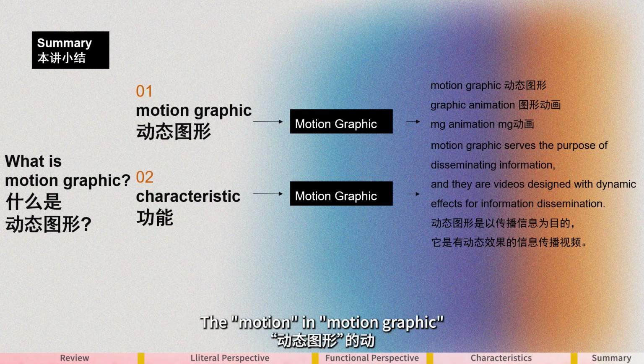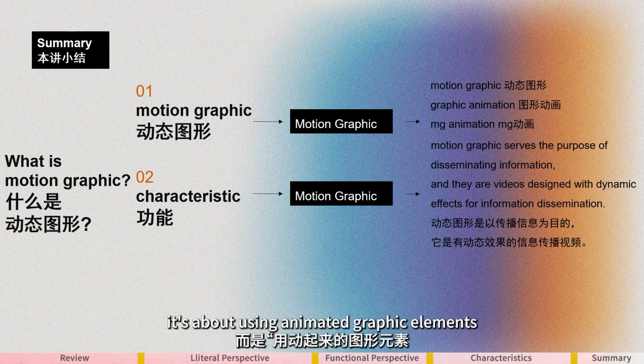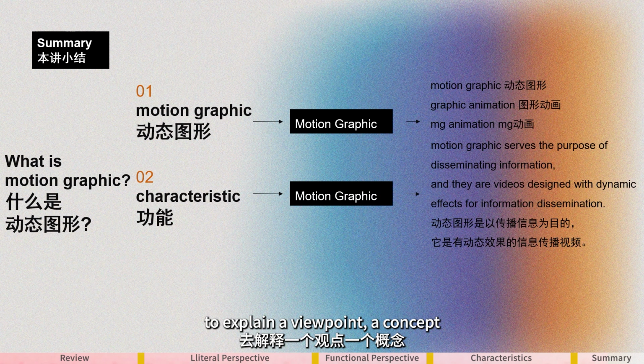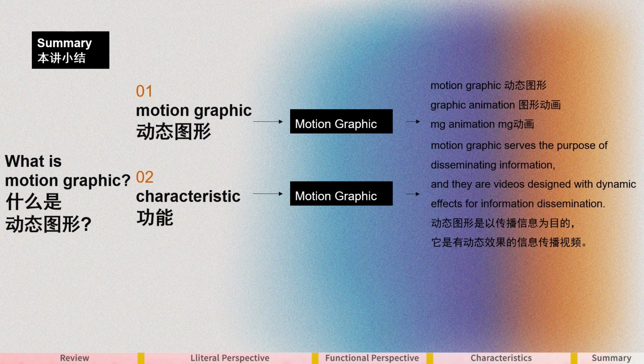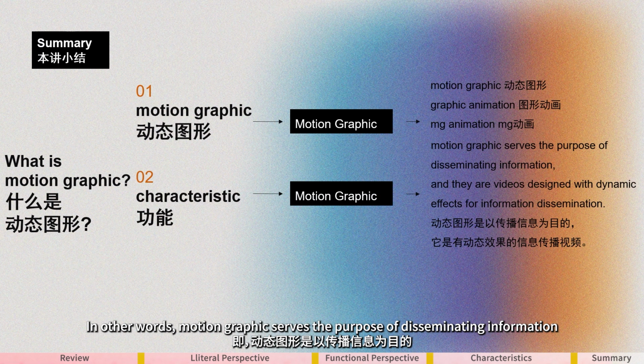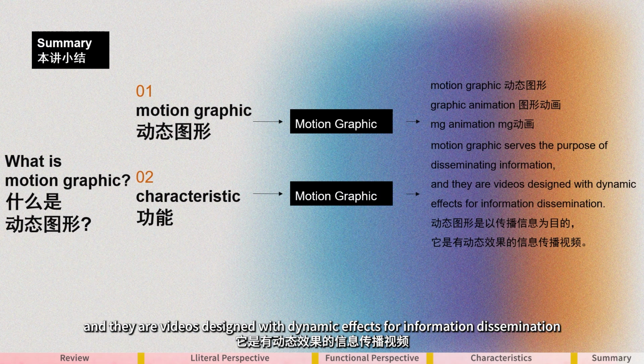The motion in motion graphic is not just physical movement, it's about using animated graphic elements to explain a viewpoint, a concept, or conveying specific information. In other words, motion graphics serves the purpose of disseminating information, and they are videos designed with dynamic effects for information dissemination.